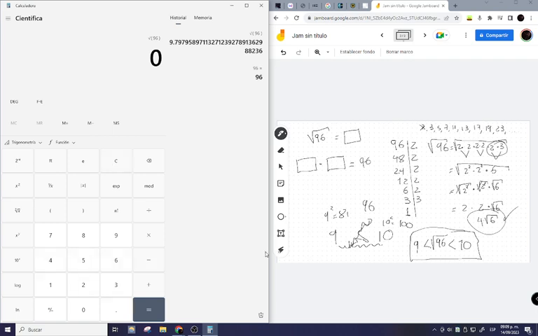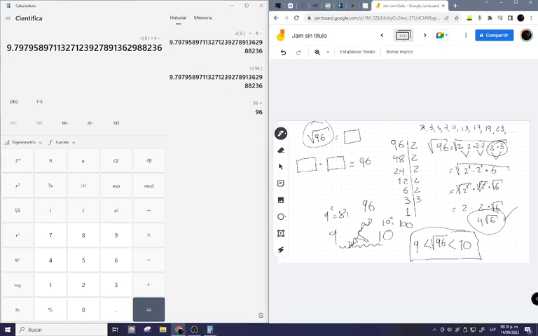So let's do square root of 6 first. 6 square root, yeah, it's 2.44. And if we multiply it by 4, we got exactly the same result. So yeah, that's the answer. That's another version of the thing. We can write it like this, we can write it like this, or we can write it like this.